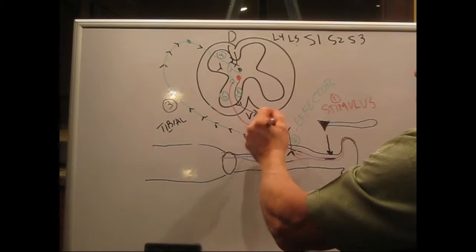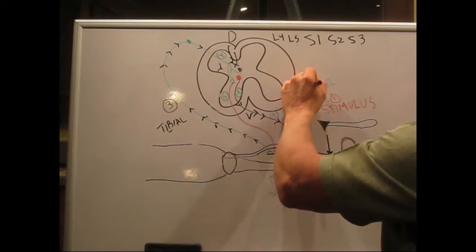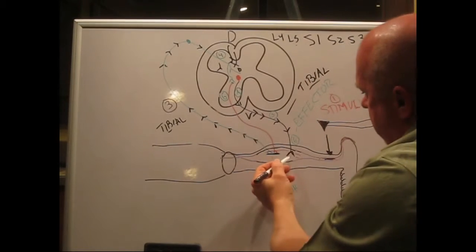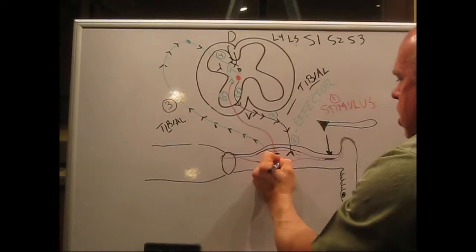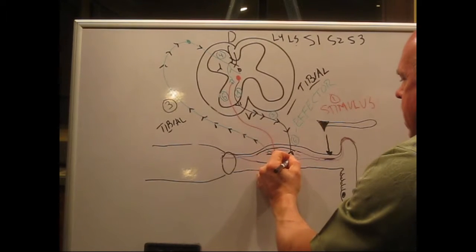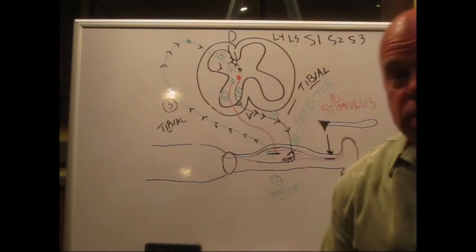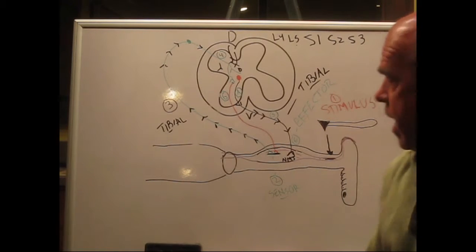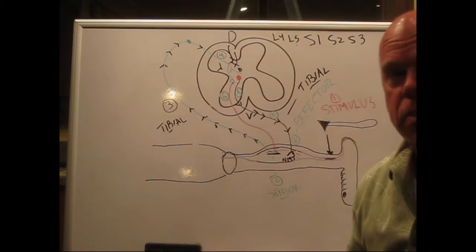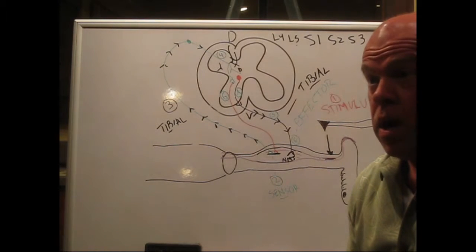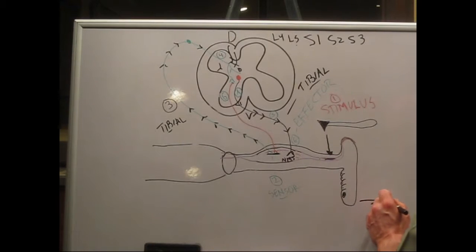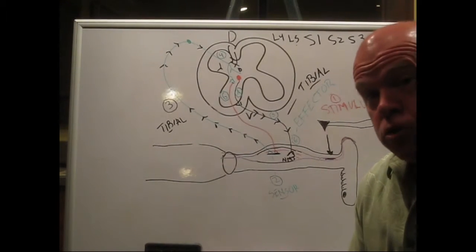And these efferent neurons also travel in the tibial nerve, and they arrive at the neuromuscular junction, NMJ, of the gastrocnemius muscle, release acetylcholine, initiate depolarization of the sarcolemma of the muscle cells, and we get a contraction of the gastrocnemius to cause plantar flexion at the ankle joint.